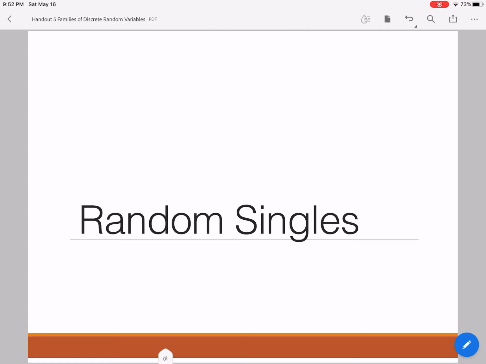If I were to perform a fixed, constant number of Bernoulli trials, and let's say that I'm interested in k number of successes, k is going to be a random variable. Specifically, it's going to be a binomial random variable. For example, if I were to repeatedly toss a coin 20 times, I might be interested in k number of heads. So I may be interested in answering questions like, what's the probability that I get 15 heads?